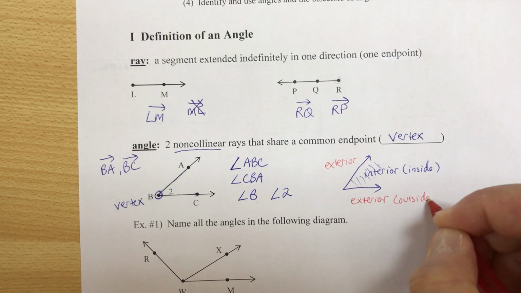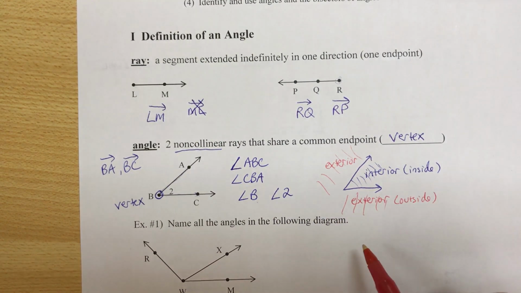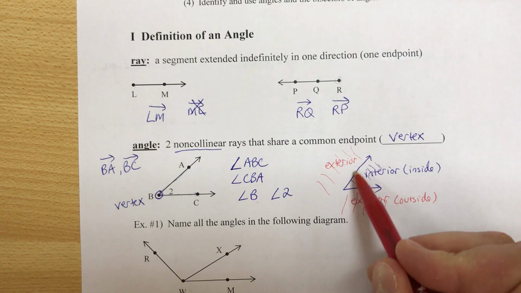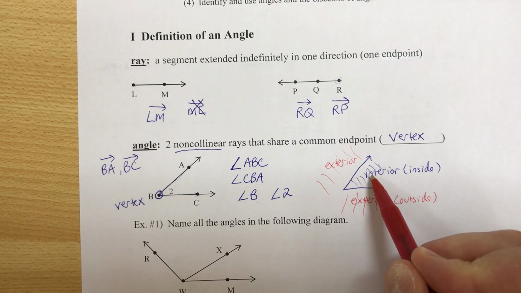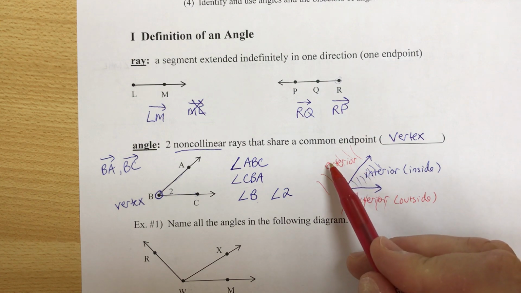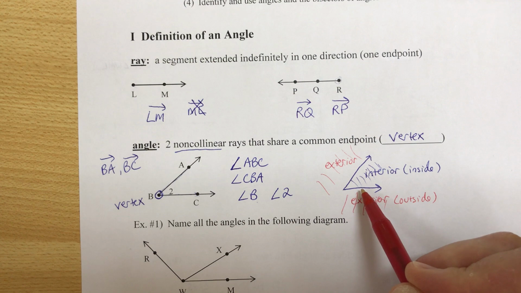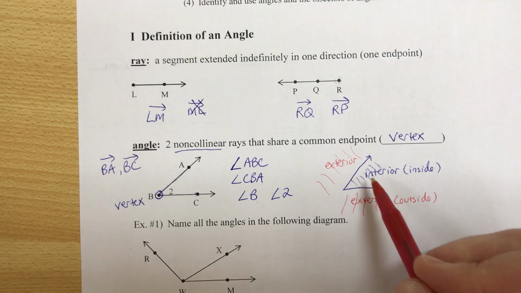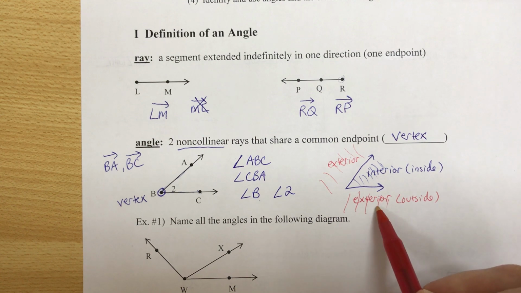The third place you could be is on the angle. So you could be in the interior, in the exterior, outside, or you could be on the angle.